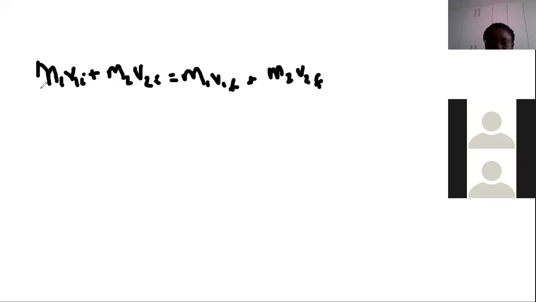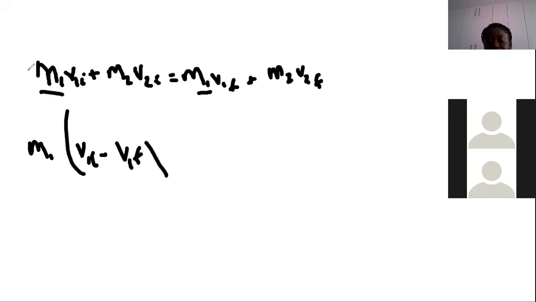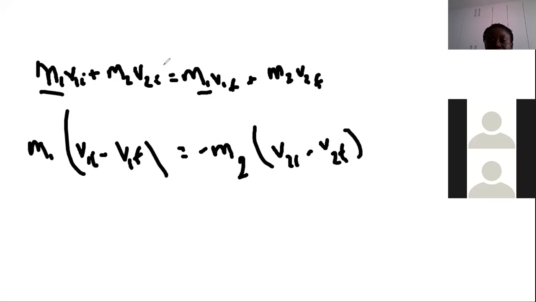Grouping again the ones with the same values, so then we have that M1, okay, we have V1 initial minus the V1 final, okay, taking this one to that side and then factor out M1 equals to minus the M2, okay, V2 initial minus the V2 final. Okay, so taking this one here to this side and multiply that one with a negative 1.